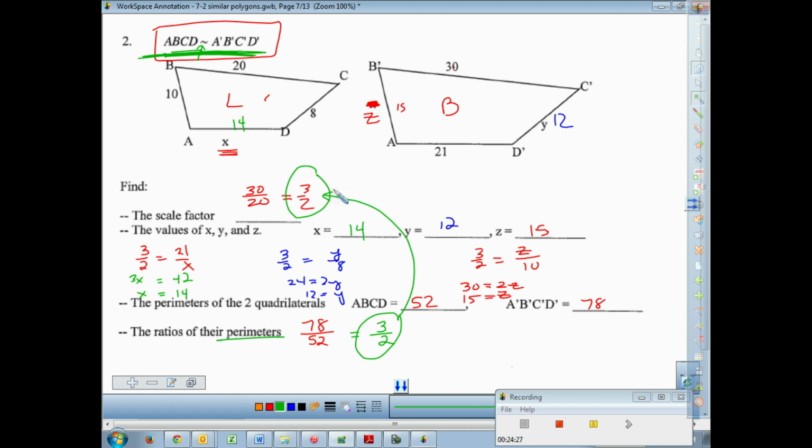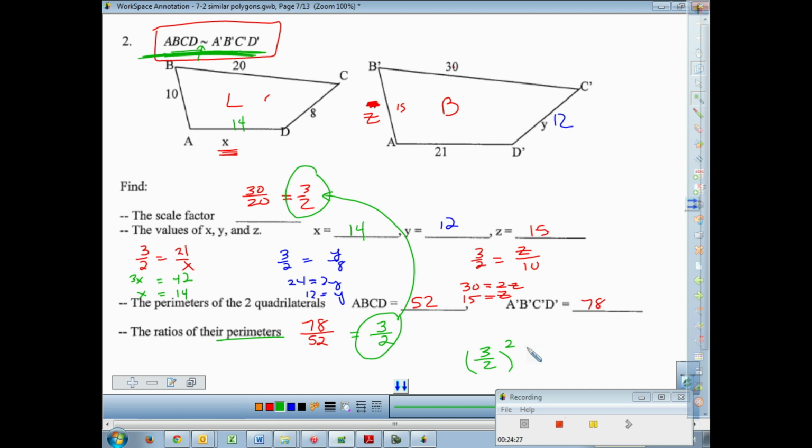Now, all you need to know is the label that you put on area. Is it units, units squared, or units cubed? It's square units, right? Area is in square units, correct? So all you have to do is take the old scale factor of 3/2 and square it. Cool? Now, those of you that are calculator dependent, you need to understand how to square a fraction.